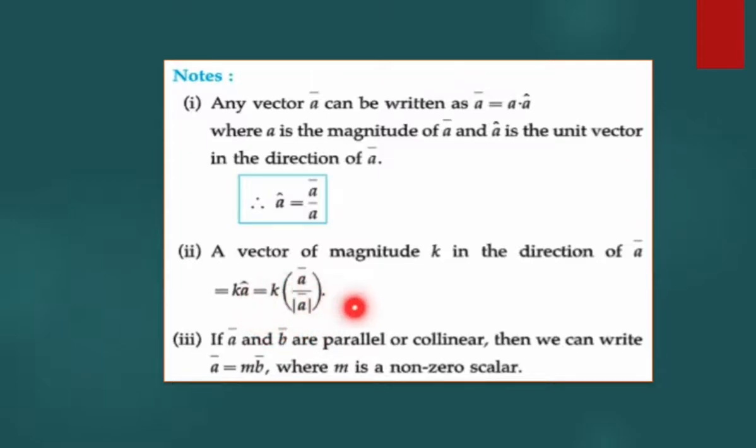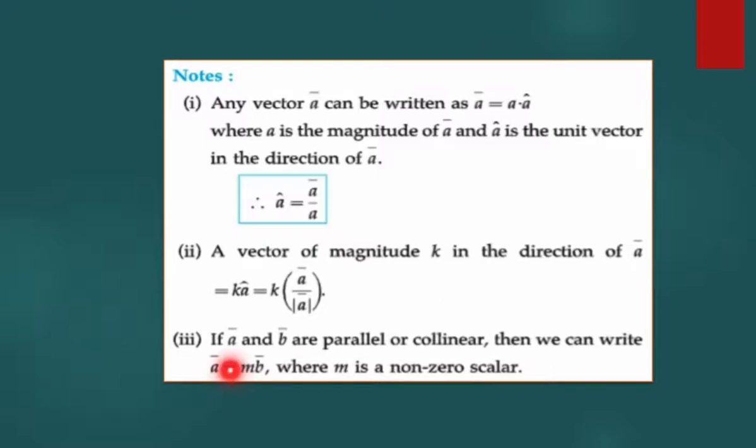So this result we use in one problem for solving the problem in the exercise, for finding the magnitude of a vector, or when the vector magnitude is given, we have to find that vector.